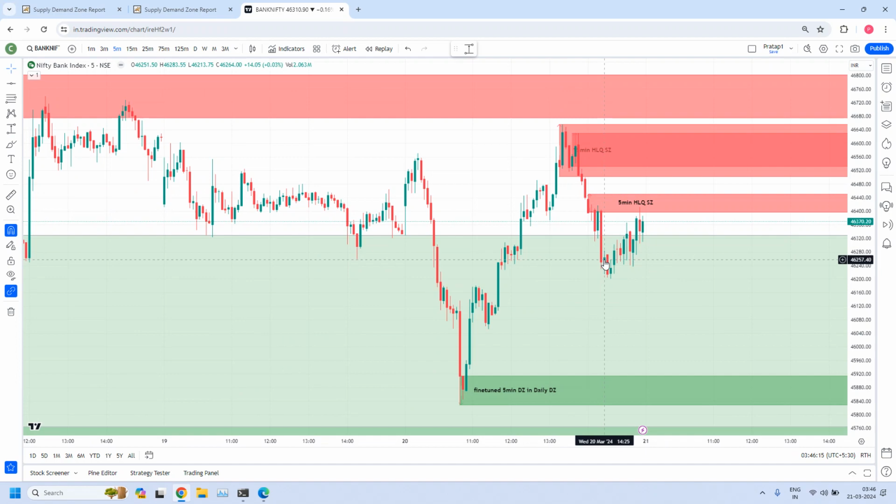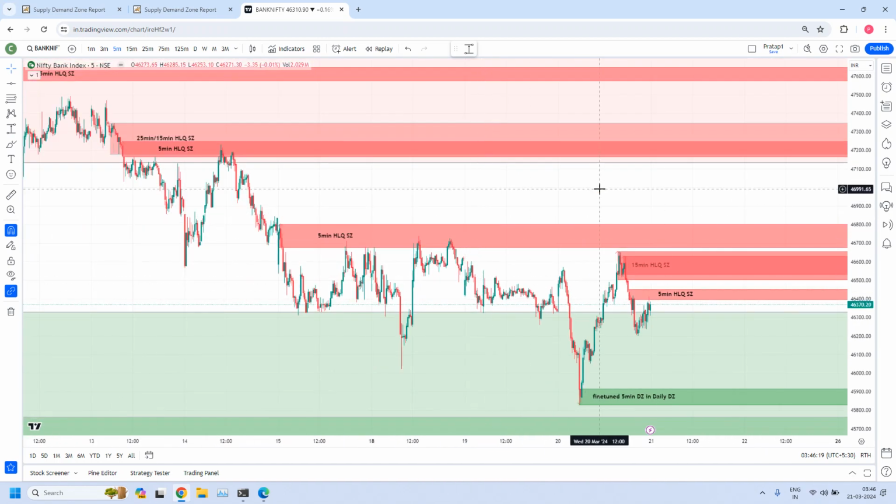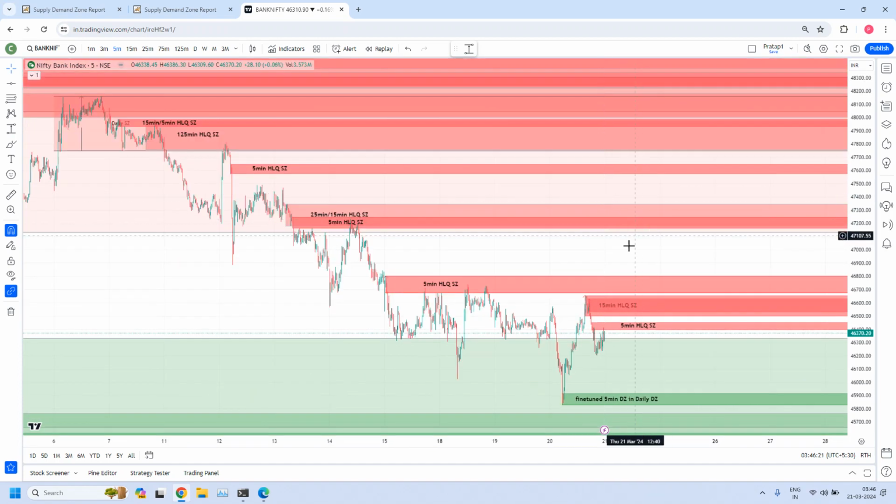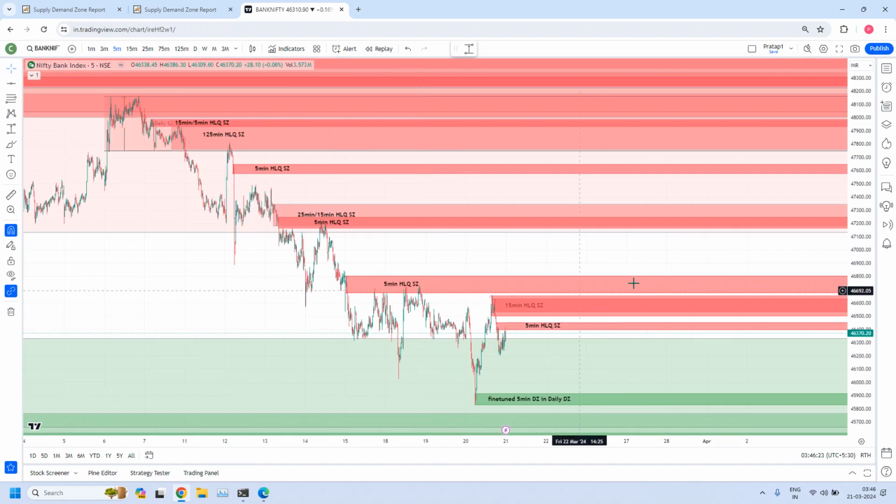So this is about Bank Nifty, and tomorrow's ranges could be, the first range could be from here to here. Let me draw info line. This could be one range, valid for tomorrow.